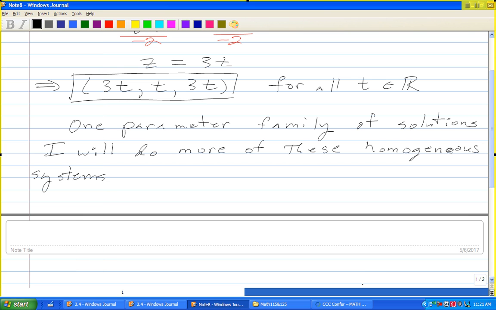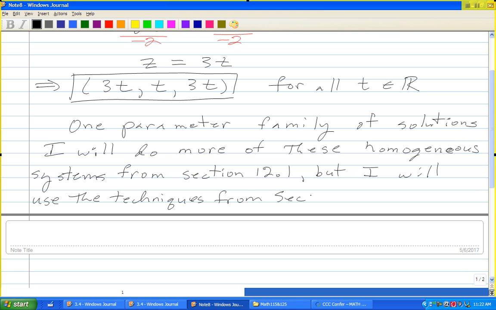Okay, so I'll do more of these homogeneous systems from section 12.1, but I will use techniques from section 12.2.